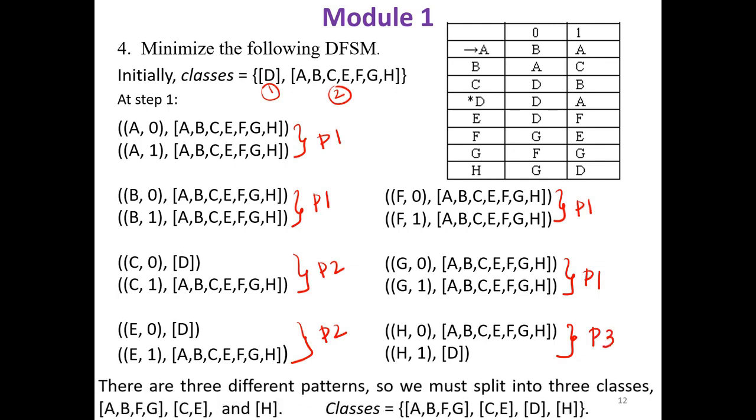So there are 3 different patterns. We split into 3 classes. They are A, B, F, G in one class, C and E in second class, and H in third class. So at this stage we have obtained A, B, F, G, C, E, D, and H, 4 classes.